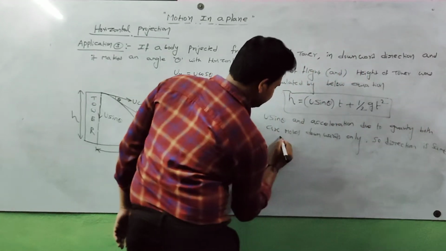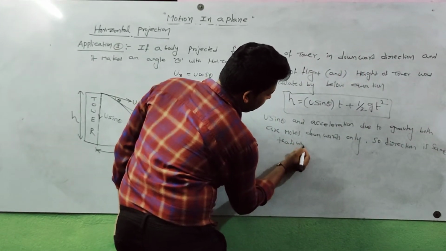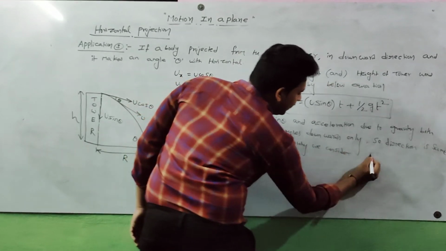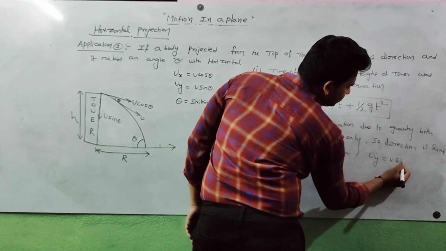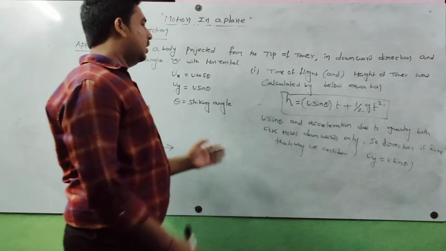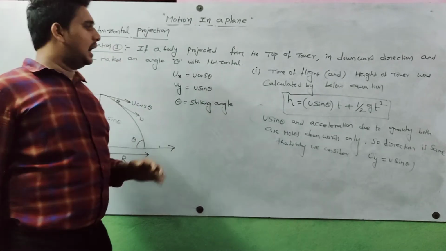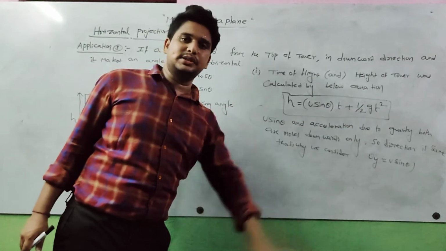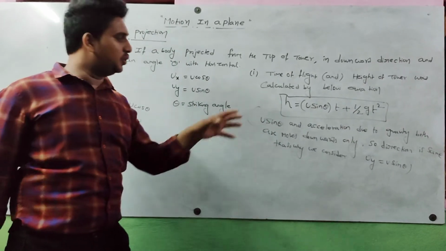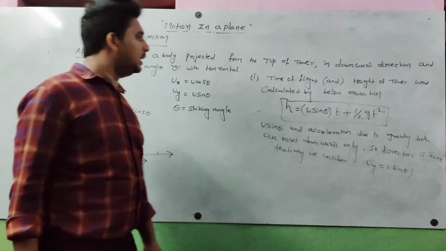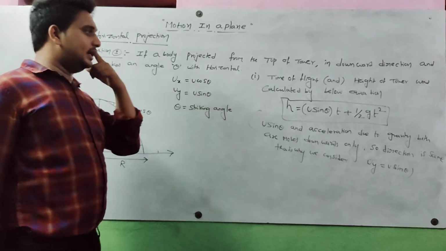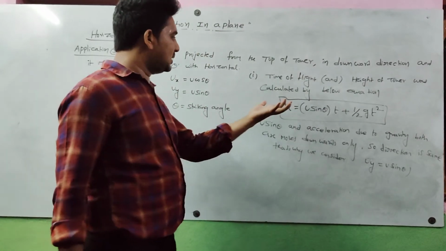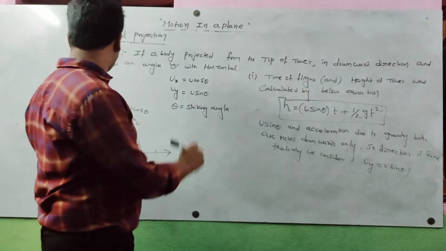That's why we consider uy is equal to u sin theta. If the direction of acceleration due to gravity and u sin theta are opposite, we consider uy is equal to minus u sin theta. Both are in the same direction, so you consider uy is equal to u sin theta. So this is the time of flight we are finding, and the height of tower is found using this equation. So this is very important.